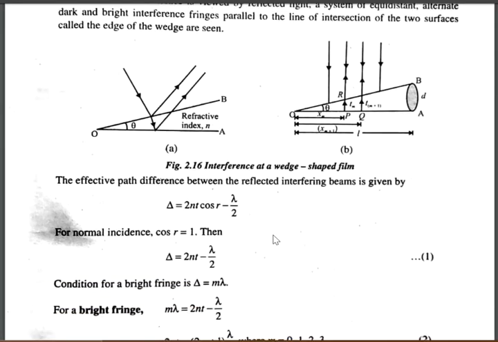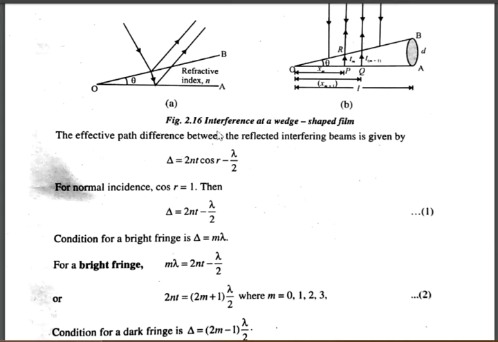Now let us come to the mathematical steps. The effective path difference between the reflected interfering beams, from our previous discussion, is 2nt cos r minus lambda by 2, where lambda by 2 is the additional path difference because of reflection at a denser surface.